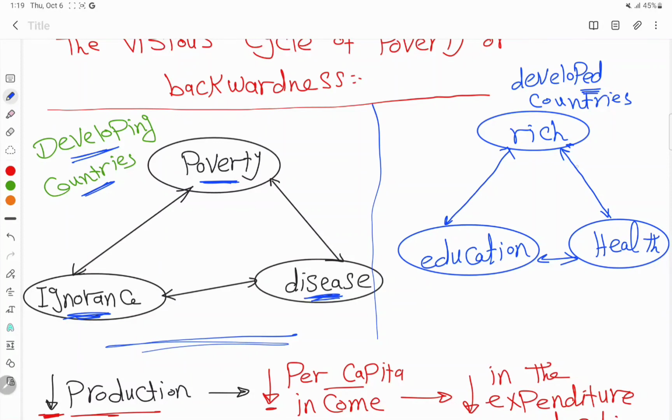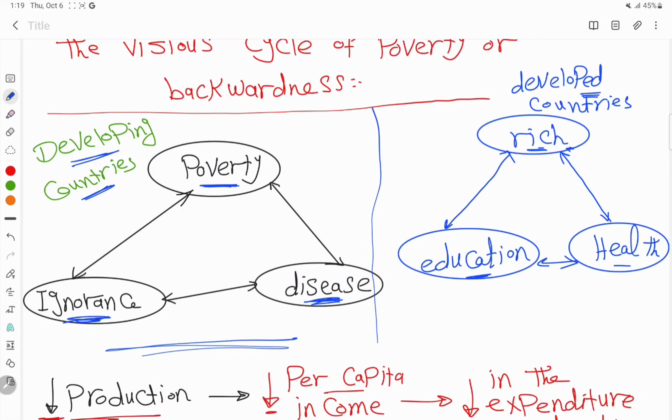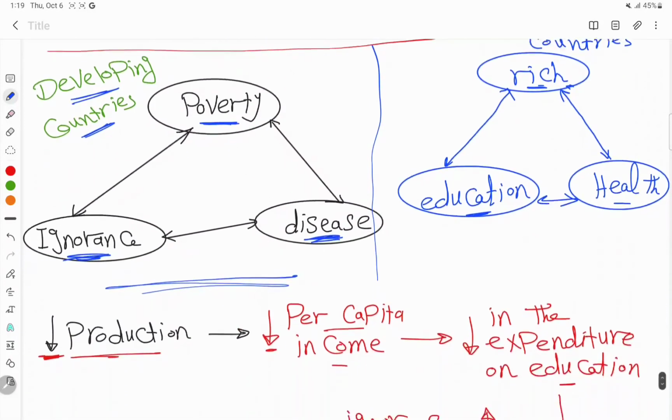But in developed countries, an increase in production leads to an increase in per capita income, and then an increase in expenditure on education, then an increase in wealth, education, and health. So there's a difference between the vicious cycle in developing countries and developed countries.